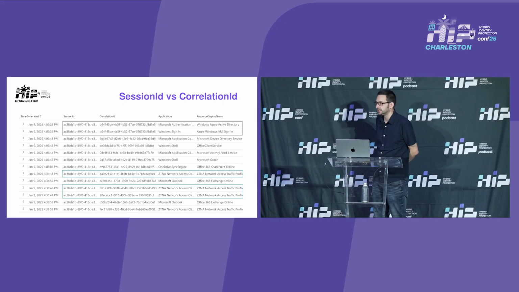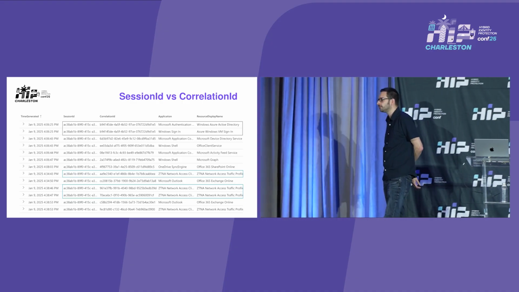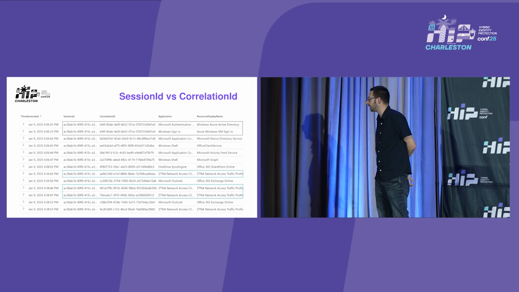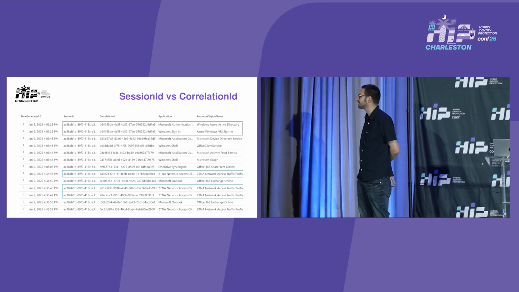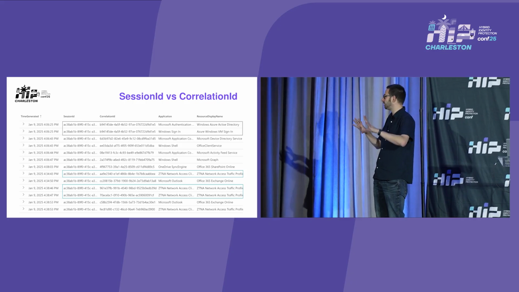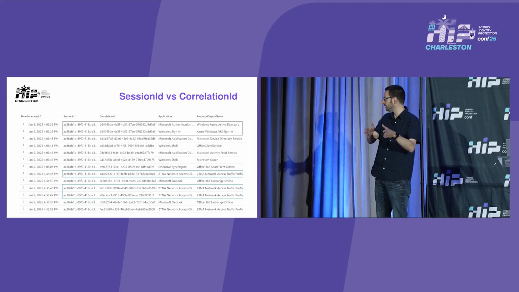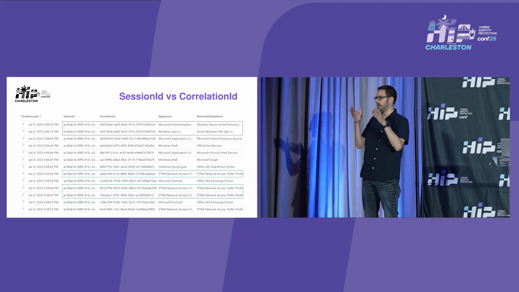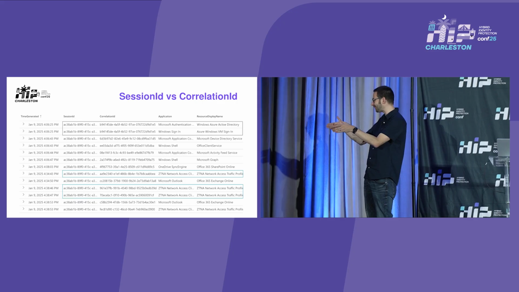The question was, all the details that I have been showing, where can I find that, right? You will find that in the sign-in logs of Microsoft Entra. And if we have the chance to see my slides in a few seconds, I will show that there are a couple of places where you can find Entra sign-in logs. You can get them from the Microsoft Graph API. You can get them from the Entra portal UI. You can get them by diagnostic log forwarding.